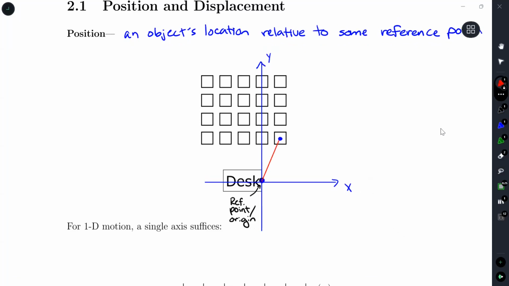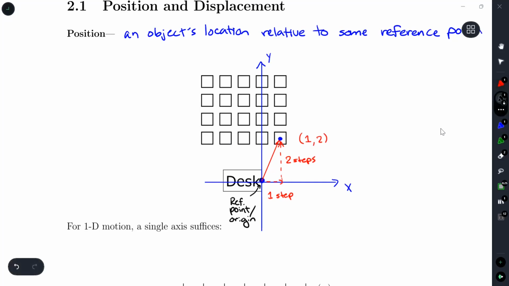I'd take the smart way of going directly there, but I can consider that as a certain number of steps horizontally and a certain number vertically. And so I'm effectively locating them at the coordinate 1, 2 in this classroom.